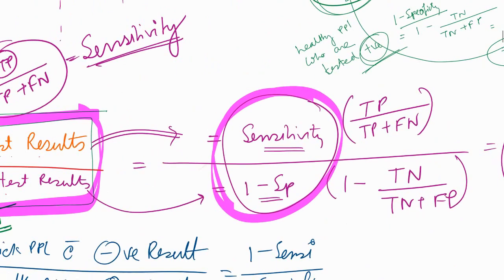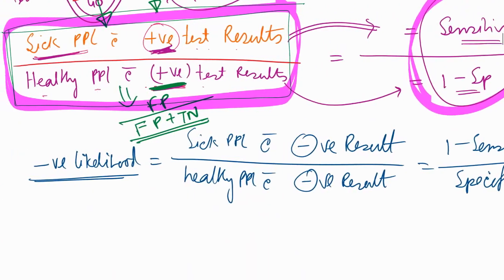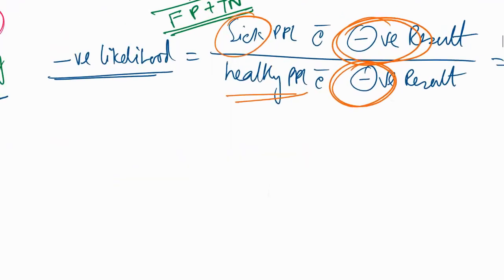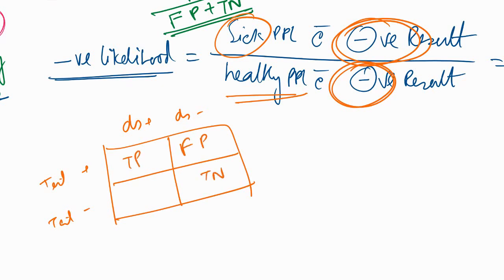Okay. Now come to the formula of negative likelihood ratio. Same idea: sick people with negative test result and healthy people with negative test result. Let's put it in this chart: disease positive, disease negative, test positive, test negative, true positive, true negative, false positive, false negative.